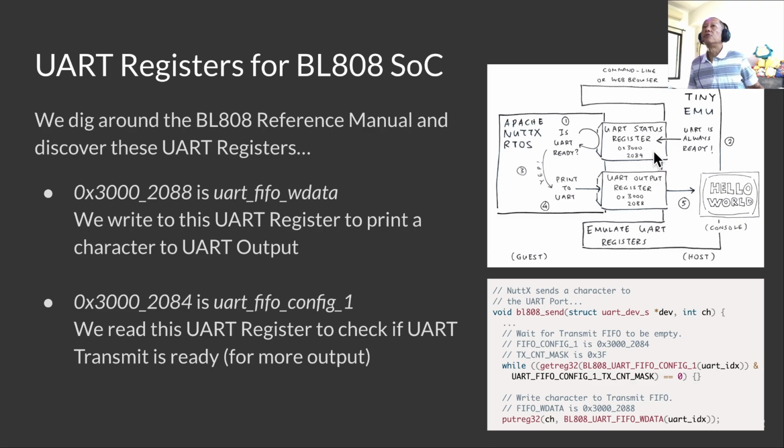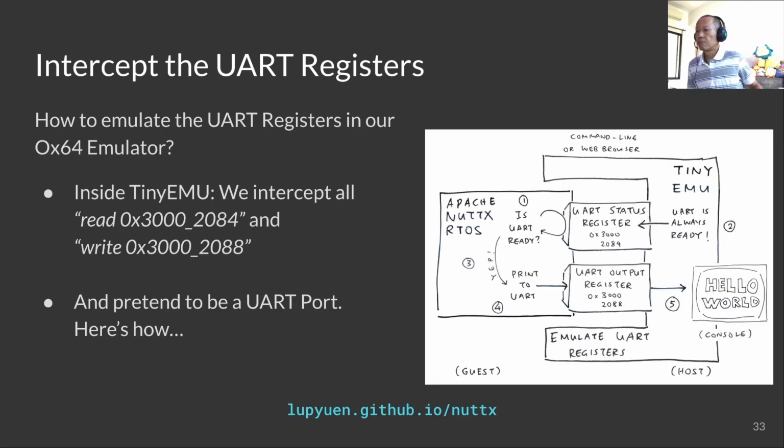We write to this UART register to print a character to UART output, and we read this UART register to check if UART transmit is ready for more output. This means that TinyEMU needs to intercept these UART addresses to emulate the BL808 UART controller. Inside TinyEMU, we intercept all reads to this UART register address and writes to this UART register address.